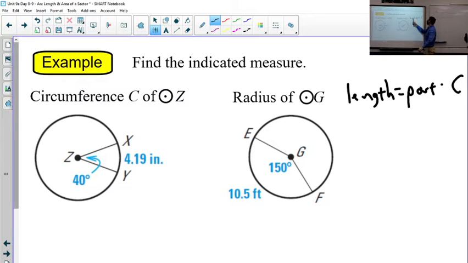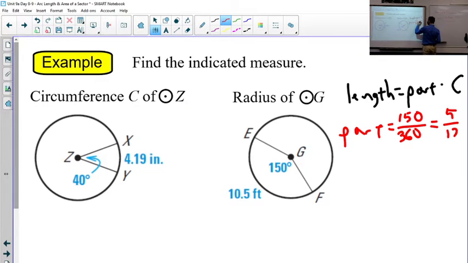And this is a trickier one, like this one was over here, where we can get our part like we do on every other problem. Part equals our angle, 150, divided by 360. That's going to simplify to 15 over 36. Divide those by 3, that's going to be 5 over 12. So 5 over 12 there.